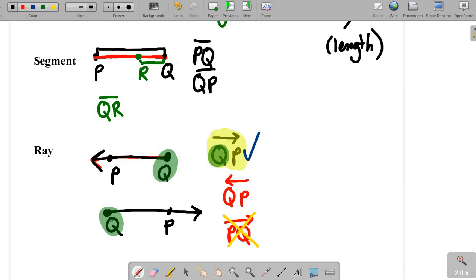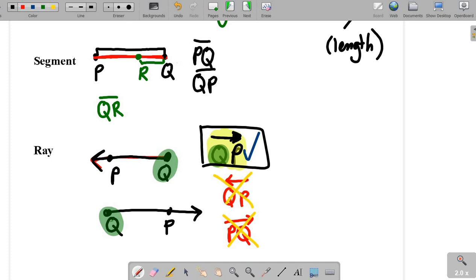When we write the symbol for rays, we always put the endpoint letter first, then the arrow point, and we always draw that ray to the right. That's just the symbology. We always draw it to the right. We never draw it to the left. Even if the physical ray is turned to the left, this is the correct symbol for the ray. We never write the symbol for the ray to the left. So that's why those two are incorrect.